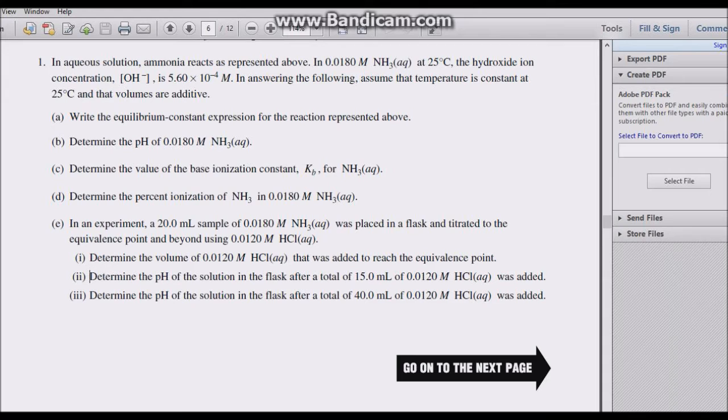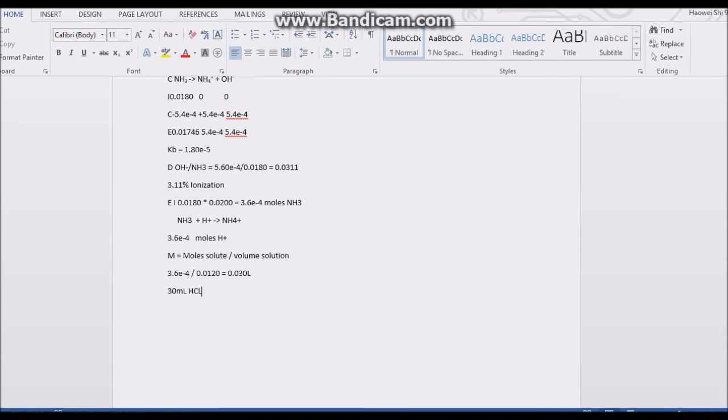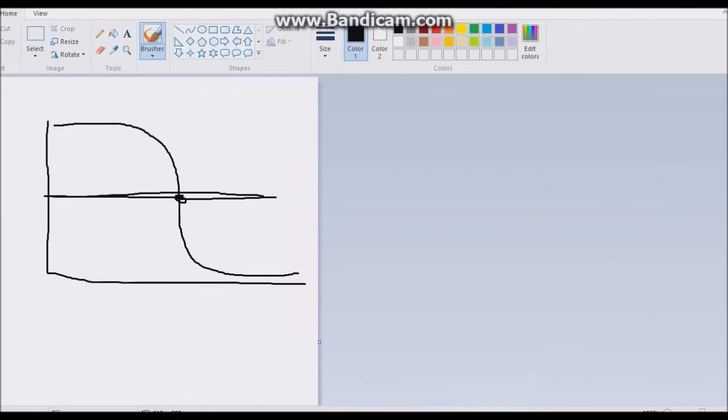Then we need to find the pH of the solution in the flask after a total of 15.0 milliliters of 0.0120 molar HCl was added. So this is a titration curve, right? As mentioned in the previous problem, 30 milliliters of HCl is required to get the equivalence point.